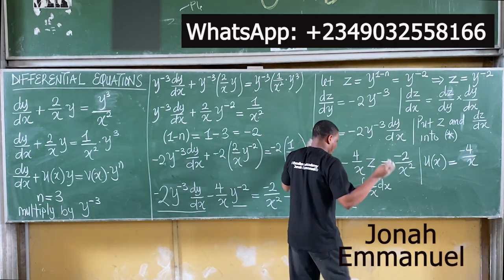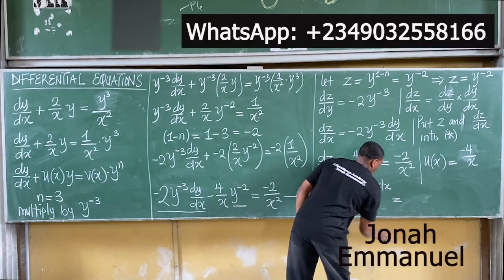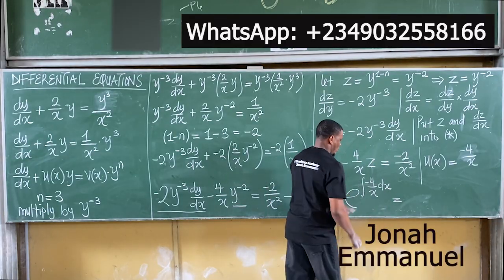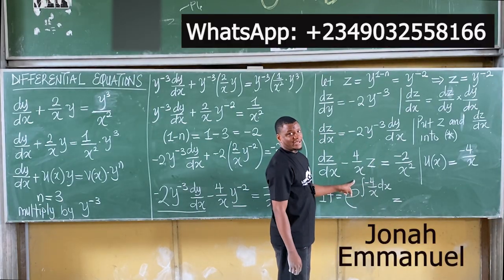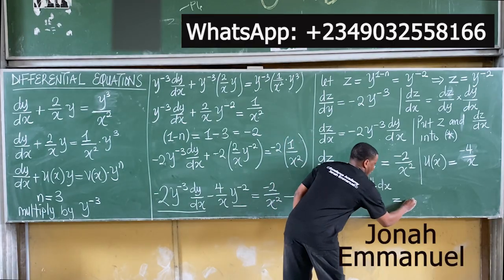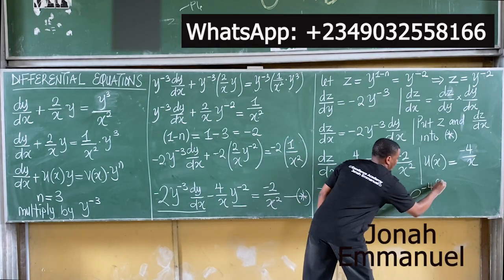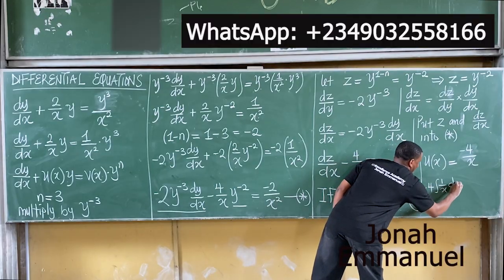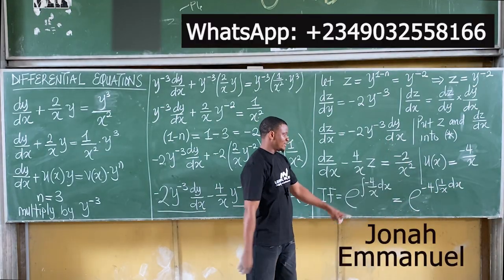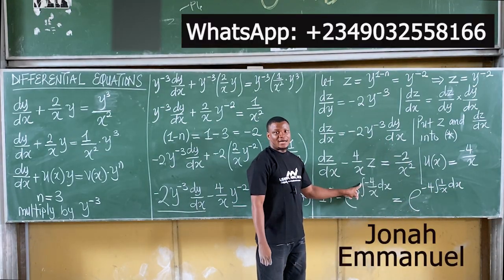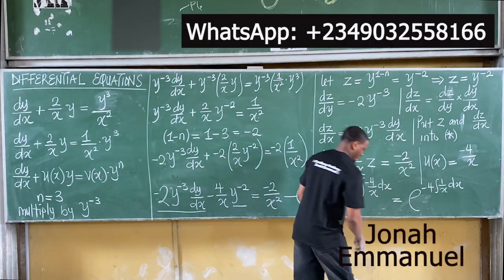Don't worry. That's equal to, take the minus 4 outside the integral sign. That becomes exponential minus 4 integral of 1 over x dx. We've said to integrate this, take your constant term outside the integral sign.